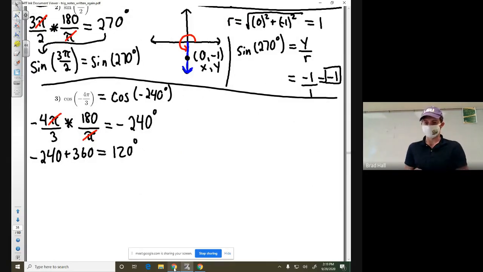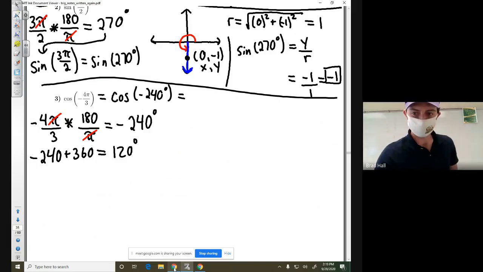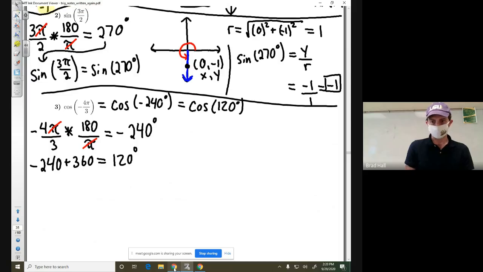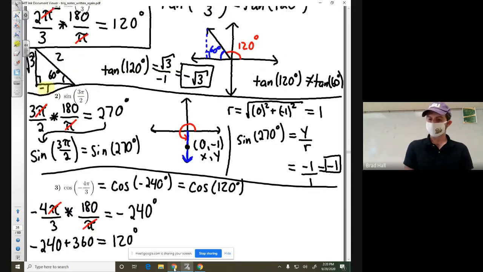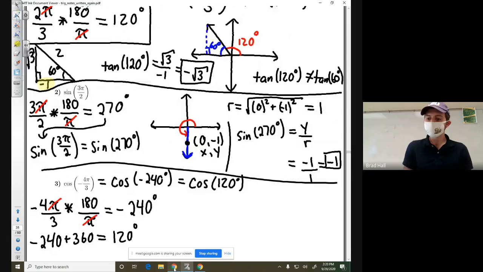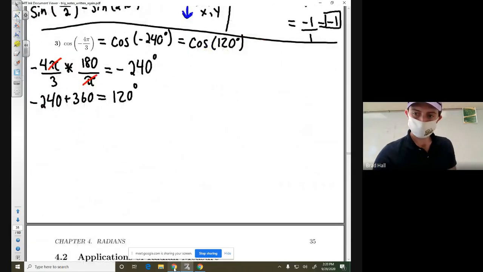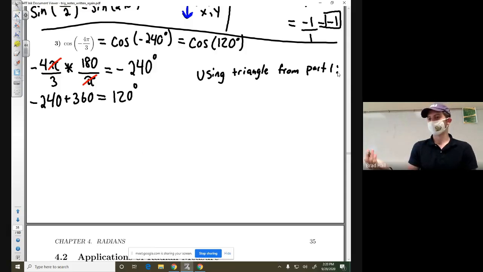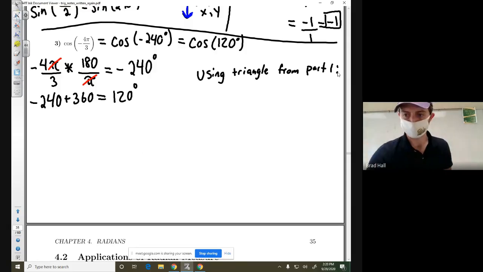Well, at that rate, we can pretty much recycle the diagram we had from the first example because we had 120 degrees before. The diagram we had before, we had a special triangle. We're going to use the triangle from part 1 because we already did 120 degrees, so I don't feel like doing it again.